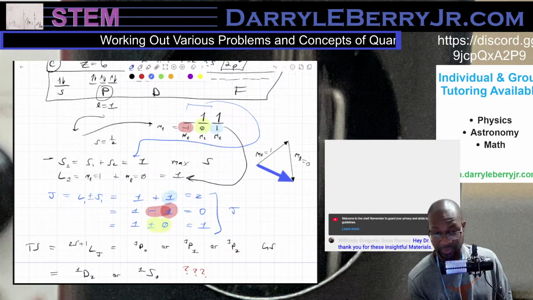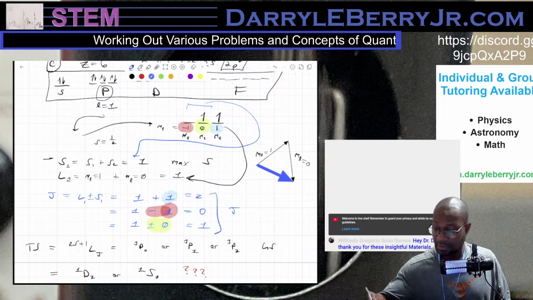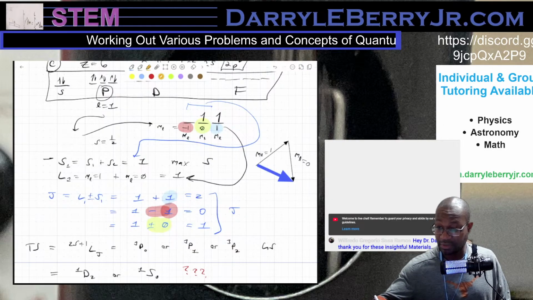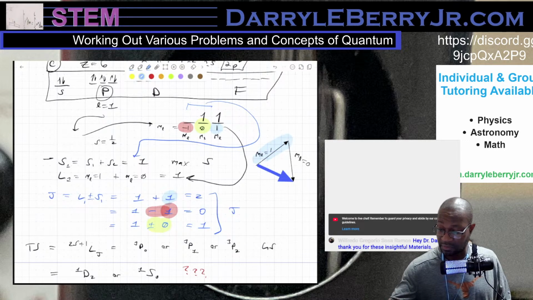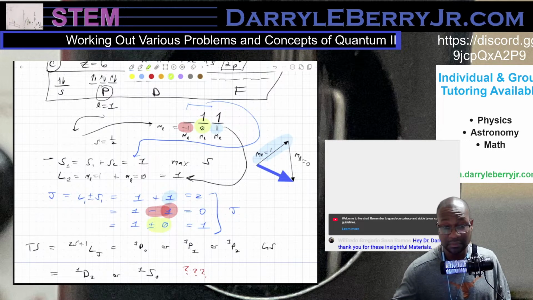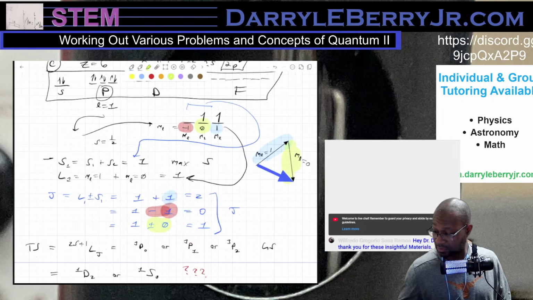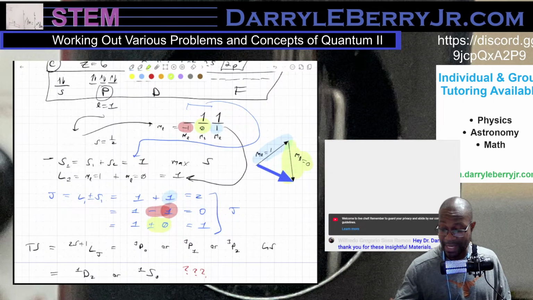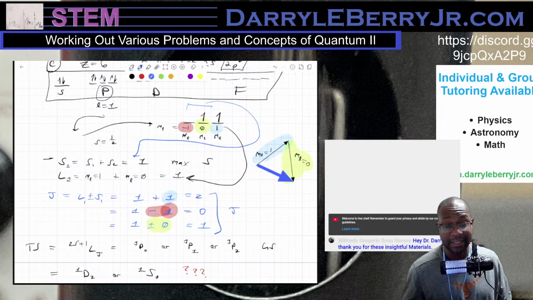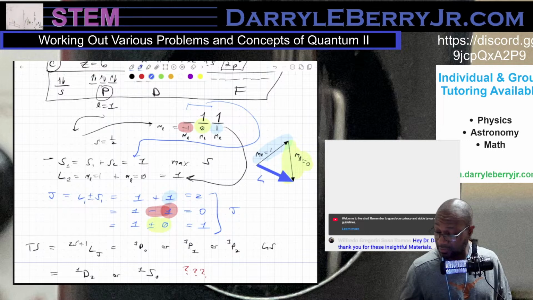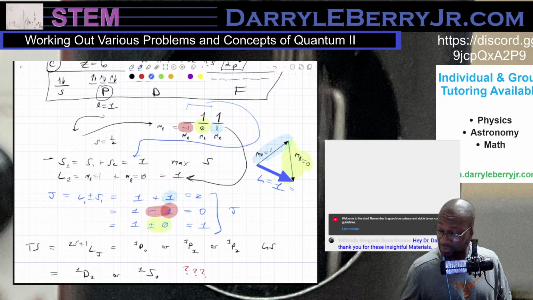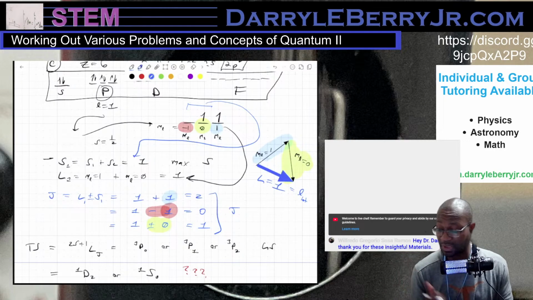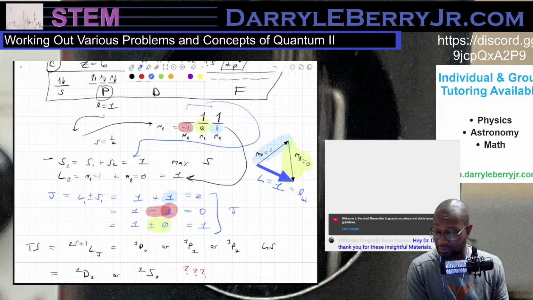So I add up the ml equals 1, which to keep the color coding is this one. The ml equals 0, which is this one. And when I add these up, I get the L equals 1, which is the L total with the addition of 2 electrons in the p orbital configuration.